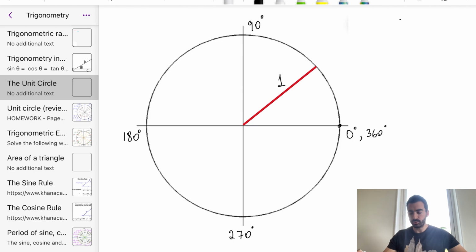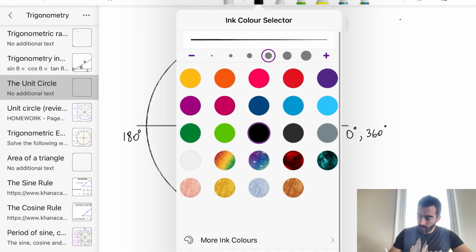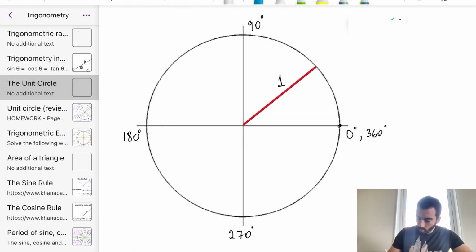I am going to also put the coordinates for these 4 points. You have to think about it as the x and y axis. X is the horizontal axis, y is the vertical axis. So our coordinates are 1, 0.